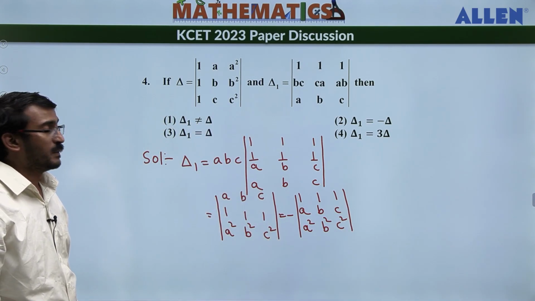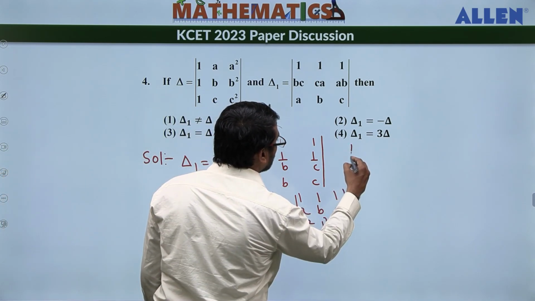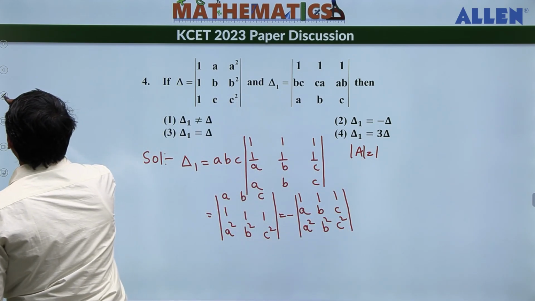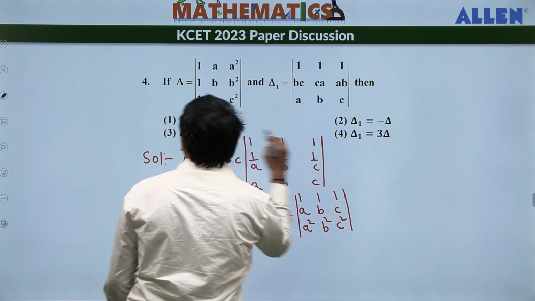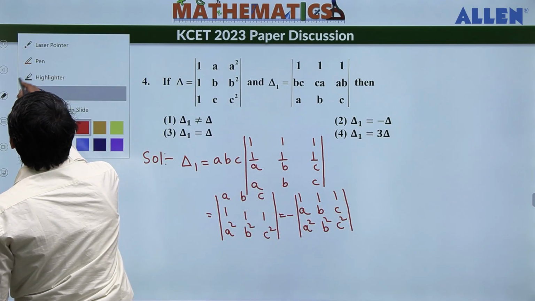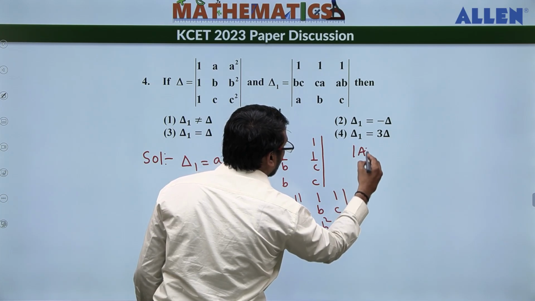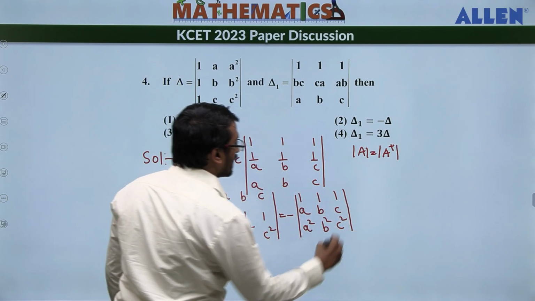Now, determinant of A is equal to determinant of A transpose. Determinant of any matrix and that of its transpose are equal. So, what is delta 1?